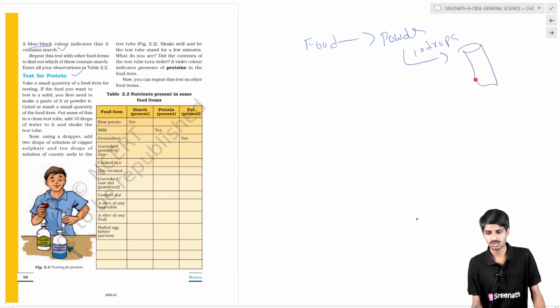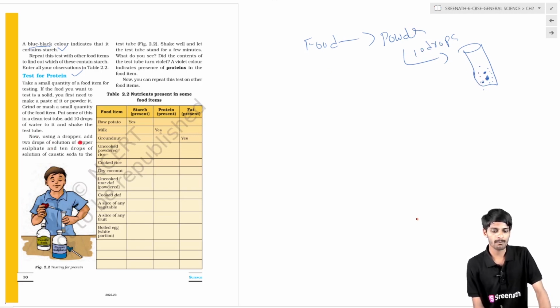Finally, this is the test tube, this is the water, and the powder of your food. In this way, you add 10 drops of water to your food powder in a test tube.